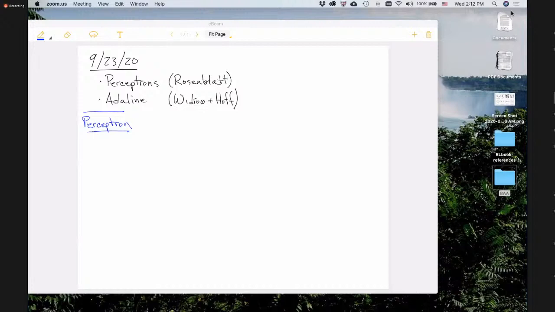And much of what you're going to see will look pretty familiar. So this is a two-layer neural network, where this is our input layer, and this is the output layer.